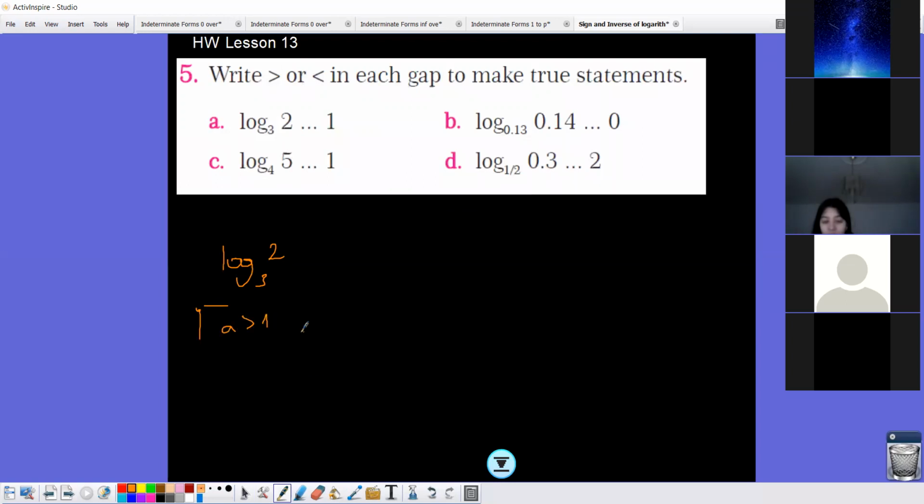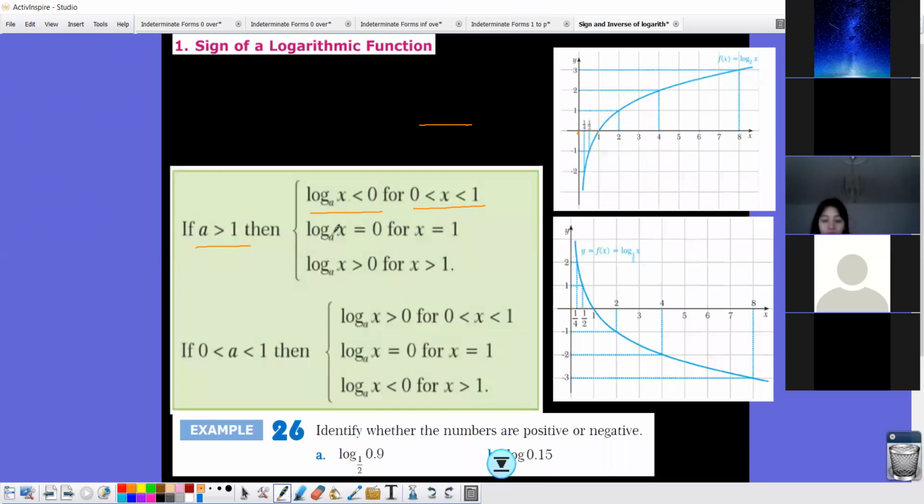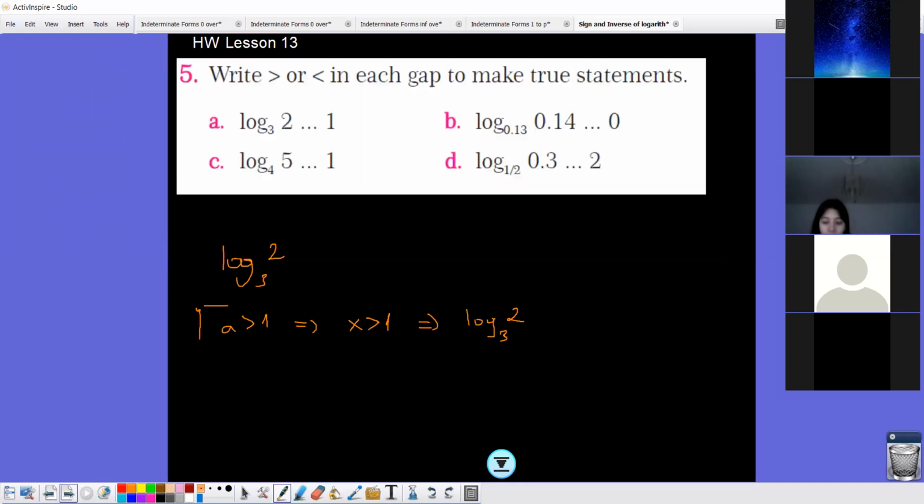The base is greater than 1 and x is greater than 1, so the logarithm will be greater than 0. The answer to log 2 to the base 3 will be bigger than 0. We are talking about this one that we wrote.